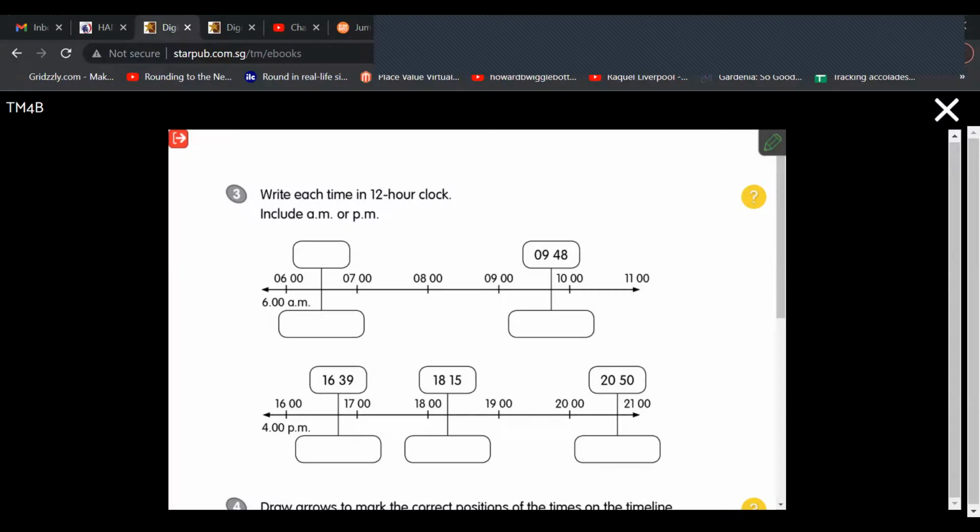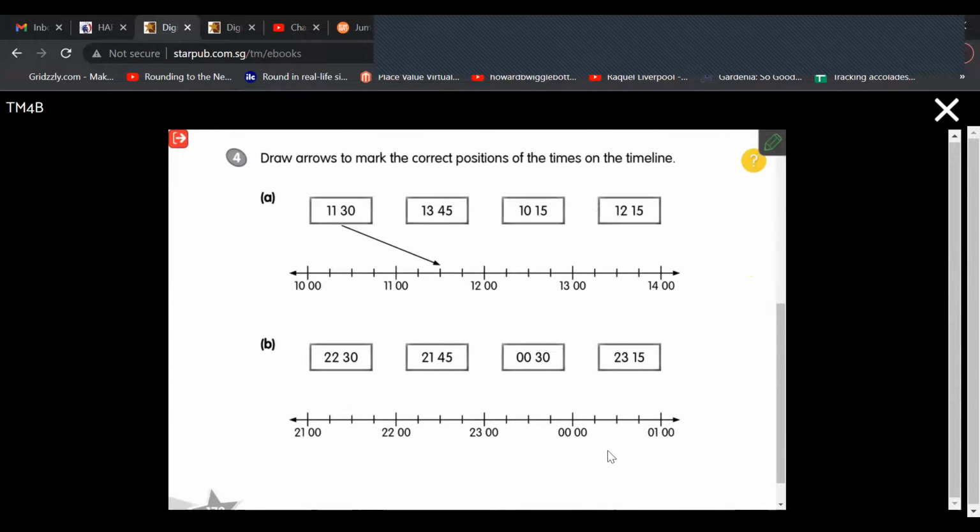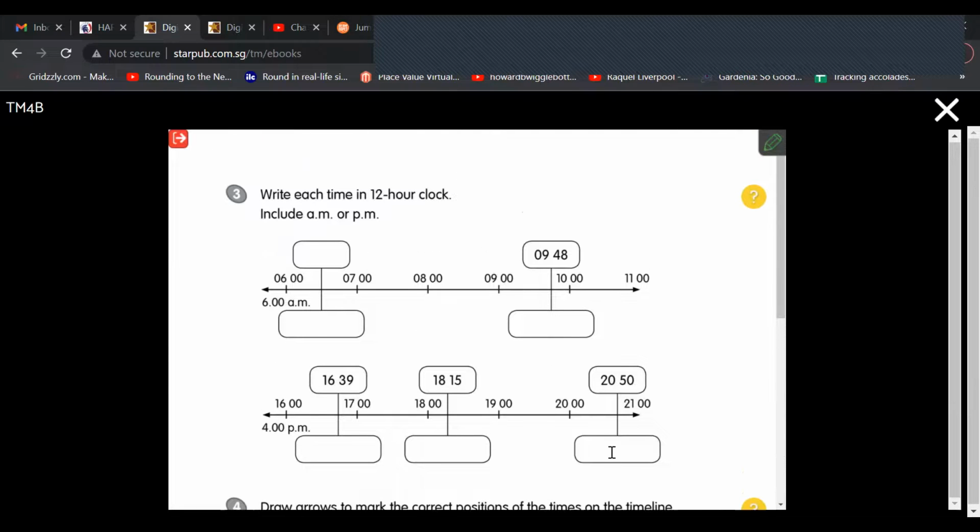Okay, next page. Next page involves us with the timeline. Question 3 and question 4. How about you try on your own first, then I go through. Okay. I'll give you 4 minutes to try the page.